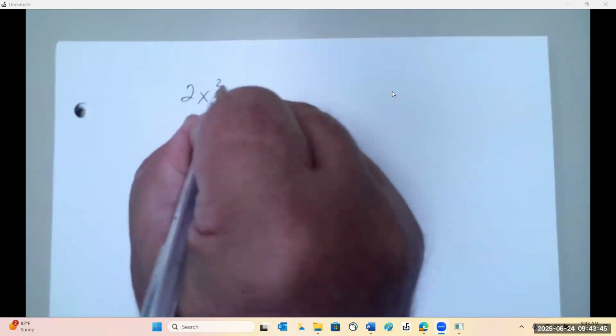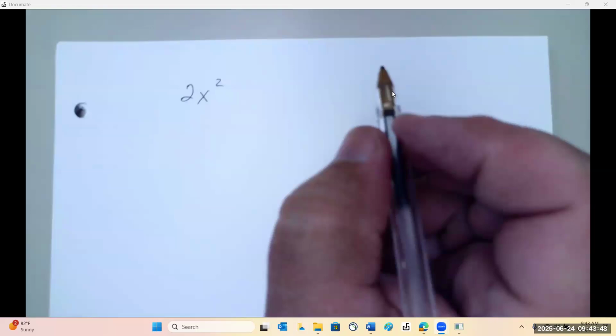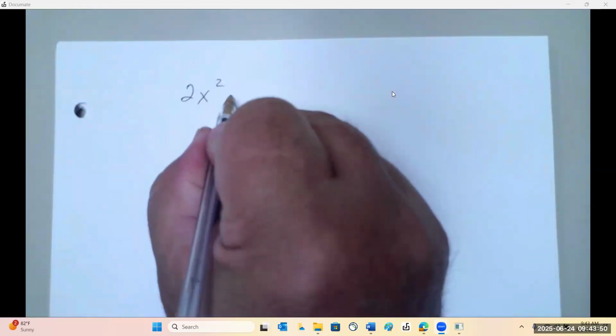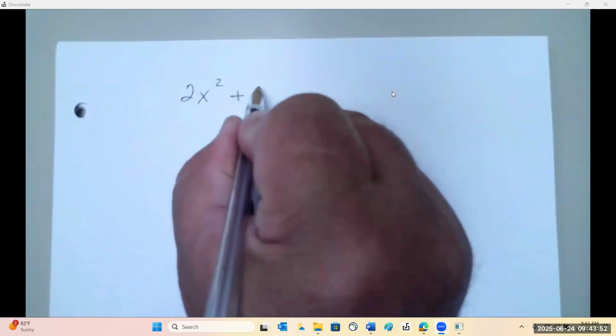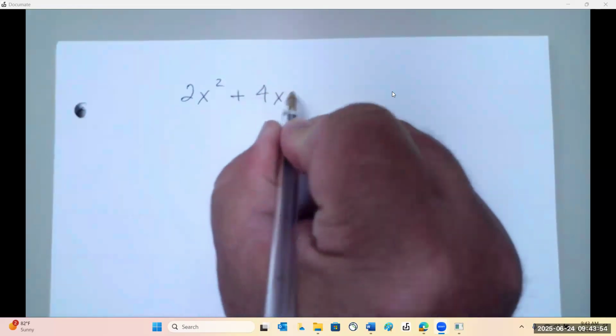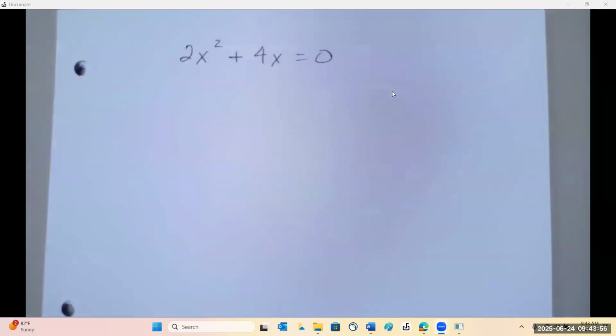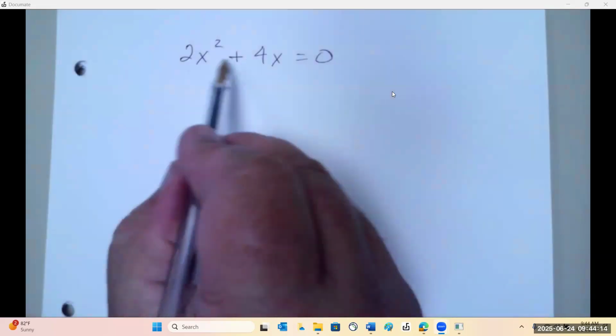Let's say we had 2x squared plus 4x equals 0. Typically, if you saw this, you would use the factor method because they both have a what in common?